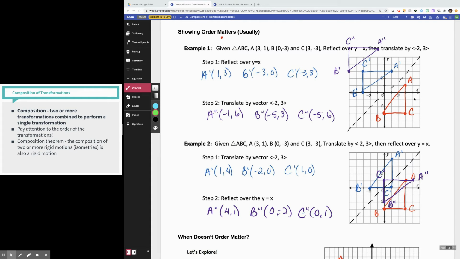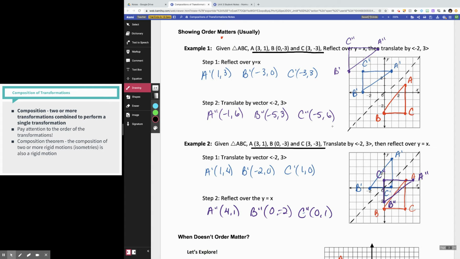So you can kind of see on the right side of your screen, it's filling up most of your screen here, that in both of these, we're starting with the same triangle, same coordinate points. We're also doing the exact same transformations in each one, a reflection over the line y equals x and a translation of -2 for x and +3 for y.